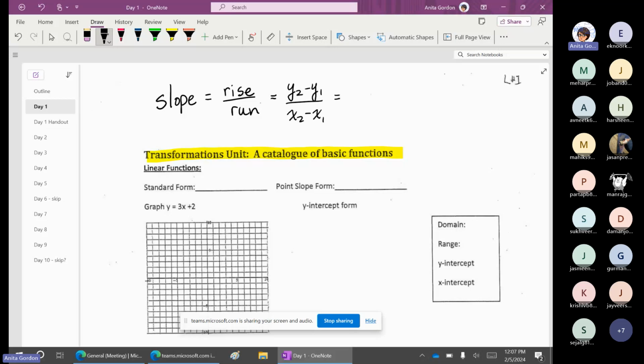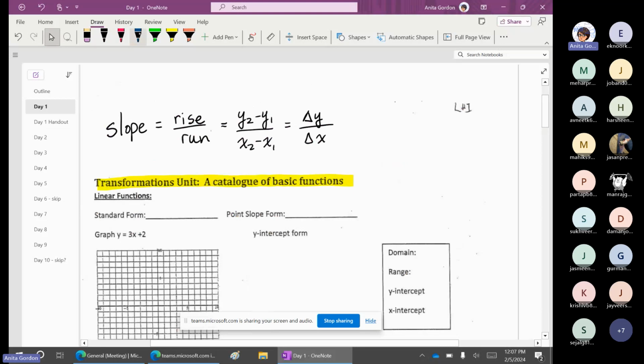When you were in pre-cal, did you ever write it like this? No. Okay, so mathematicians are very lazy, and we have symbols for everything so that we don't have to write words. So this triangle means change in whatever it's next to.